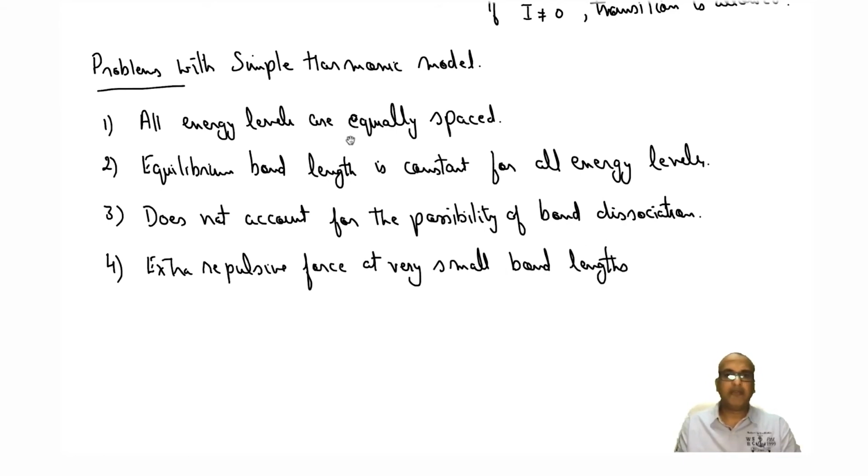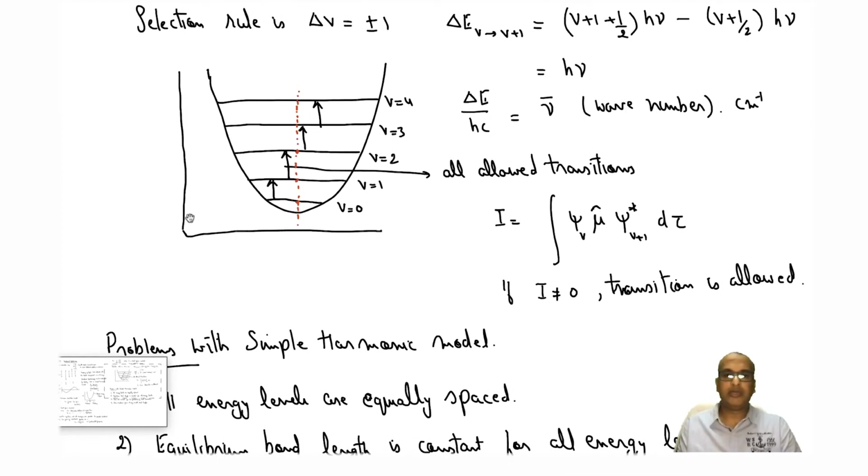So this is R and this is E. If I go down in the bond length, it does not explain, for example, that nuclear fusion reactions should occur at very high temperatures.